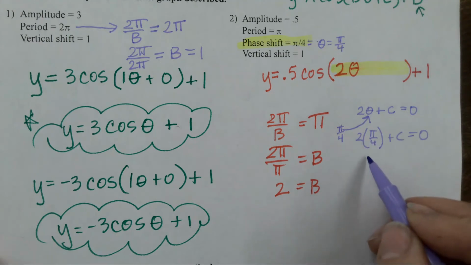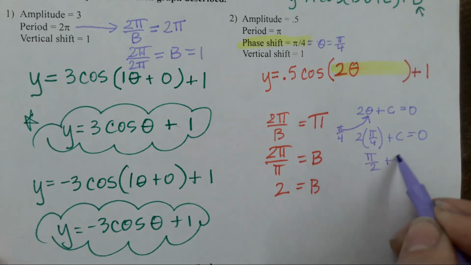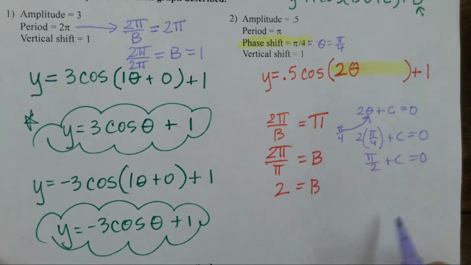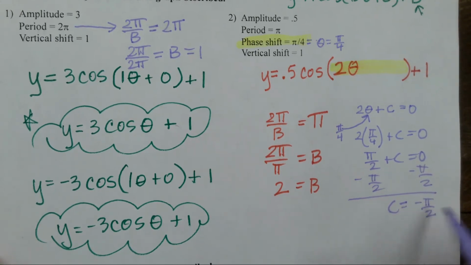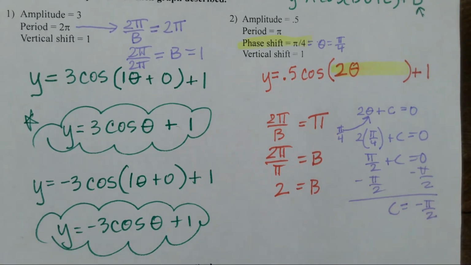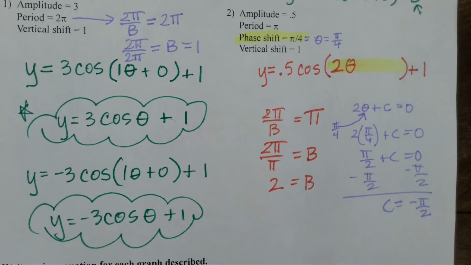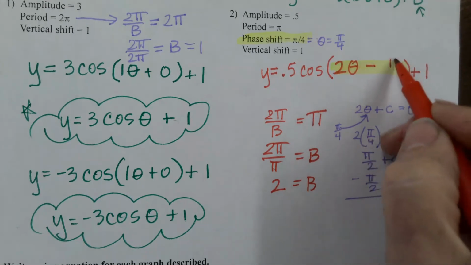So I get pi over 2 plus C equals 0. Subtract the pi over 2. C stands alone as negative pi over 2. So when I go back up to my equation, I would write that as minus pi over 2.